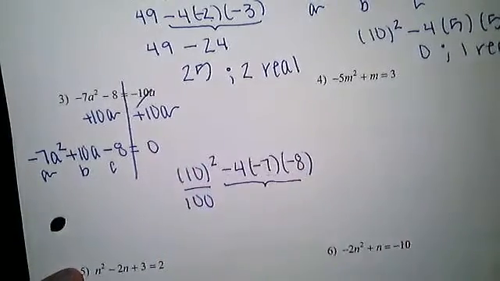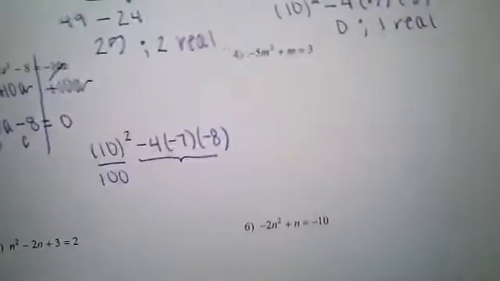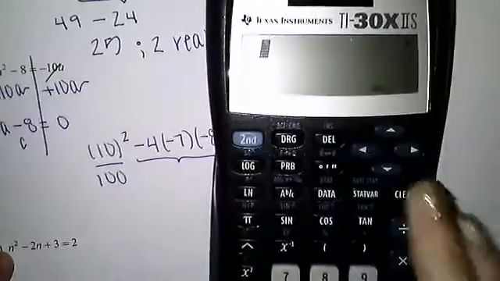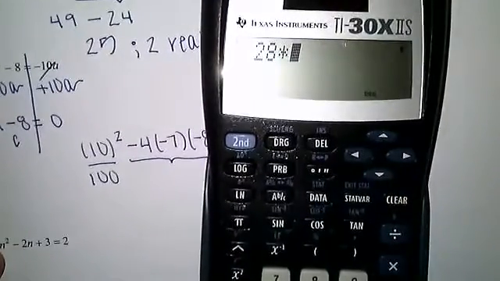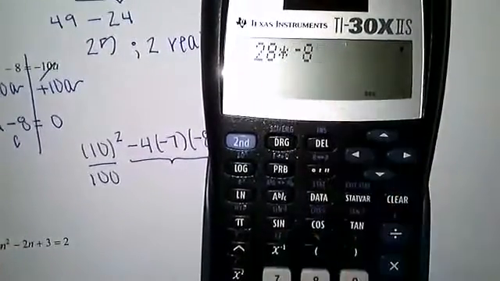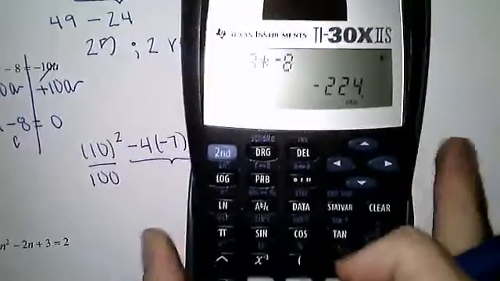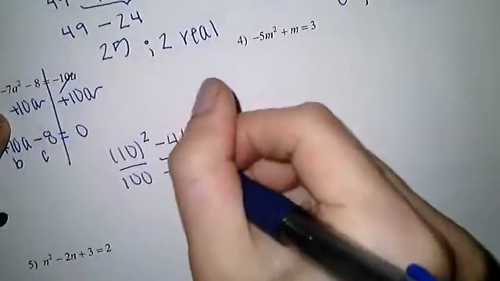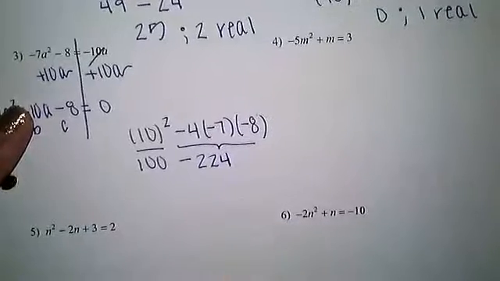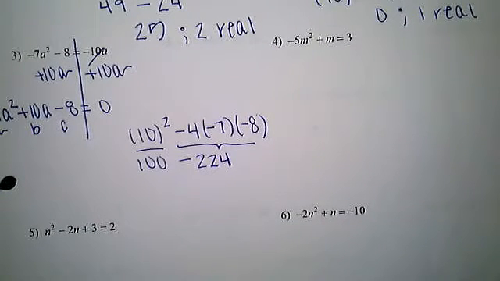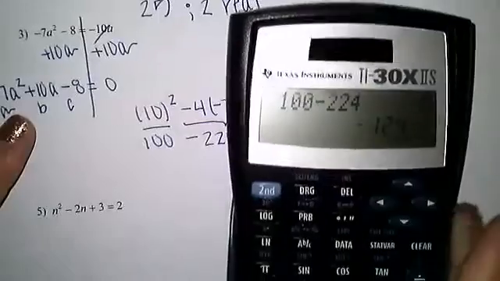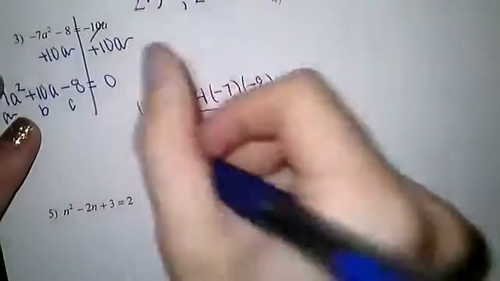And then I know negative 4 times negative 7 is 28. And a positive 28 times a negative 8, make sure you use your negative button, is negative 224. Which if we subtract those two, I believe we are going to get a negative 124. I just wanted to check that.